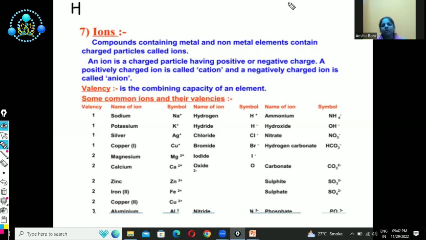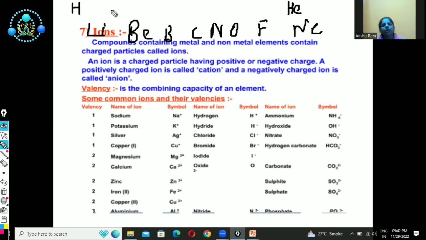We can write in this way: hydrogen, helium, then lithium, beryllium, boron, carbon, nitrogen, oxygen, fluorine, neon. For finding their valencies, we need to write their configuration. 1, 2.